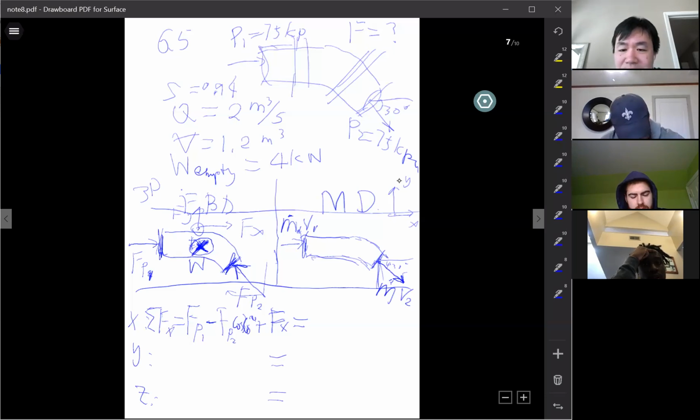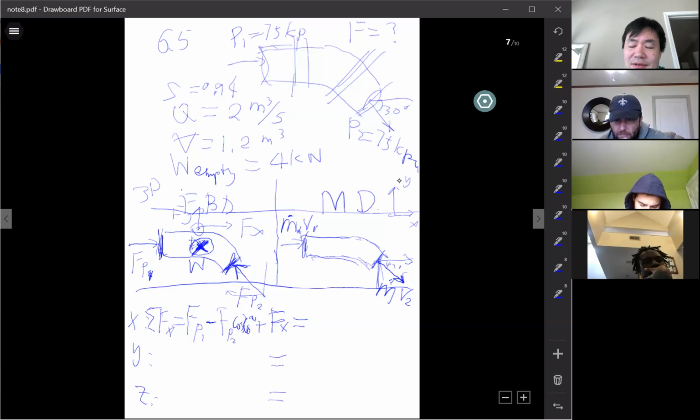Okay. Anybody give me the momentum equation? It should be momentum out in the x direction minus momentum in the x direction. Give me something, just from the momentum diagram.